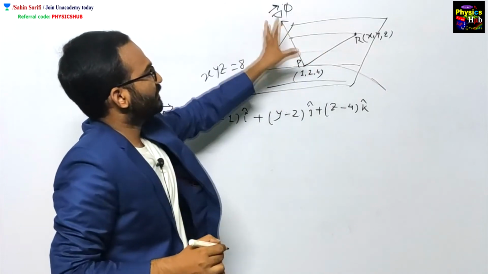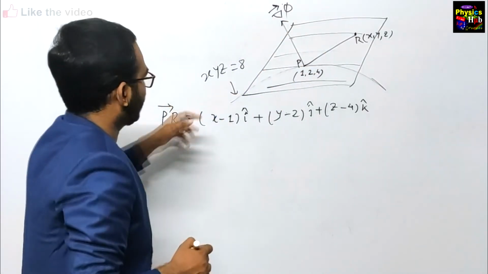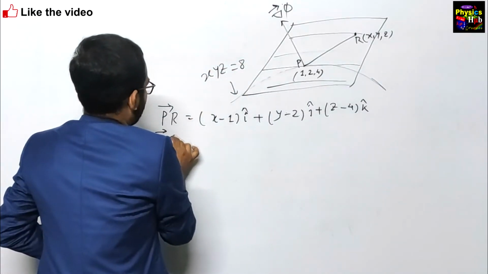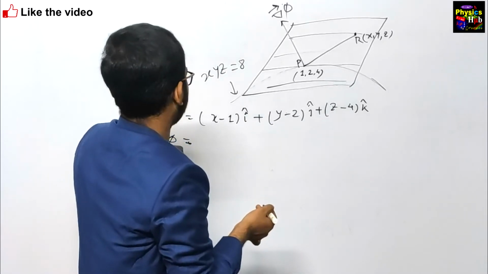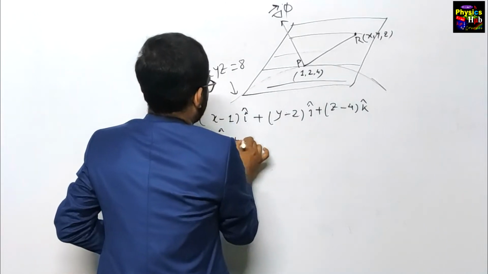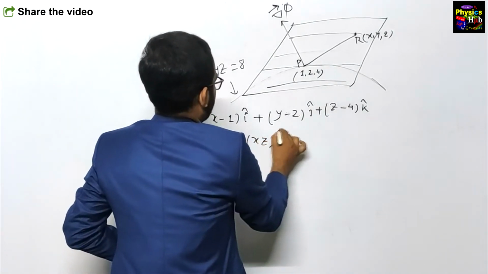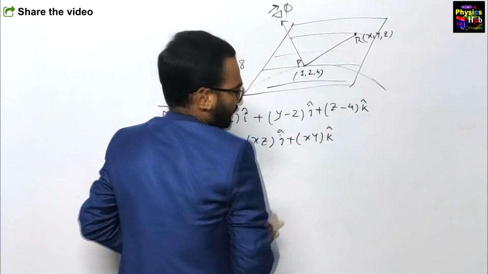Now we have to find this grad phi at this point. So what is phi? Phi is this. So what is grad phi? First of all, find out grad phi. Grad phi is del of phi, so it will give you yz i cap plus xz j cap plus xy k cap.